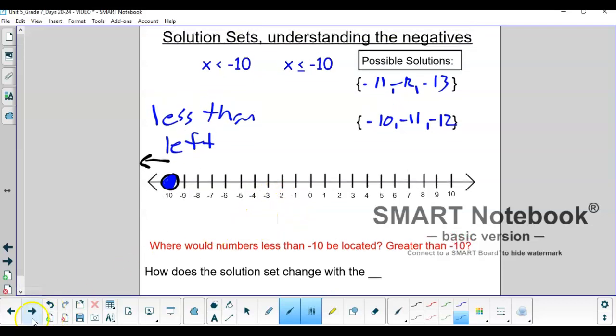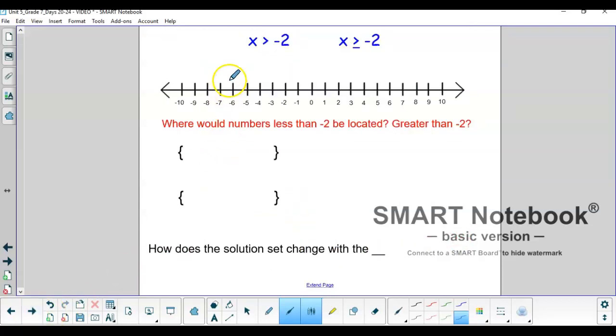Okay, do one more example with you. In this example now, we have x is greater than -2. Or again, if I think about the alligator or the Pac-Man or the crocodile, it's eating the variable x. That means that x is the bigger side. So again, the first one here, we're going to have x is greater than -2. Well, here's -2 on my number line. I need any number that is to the right of it.